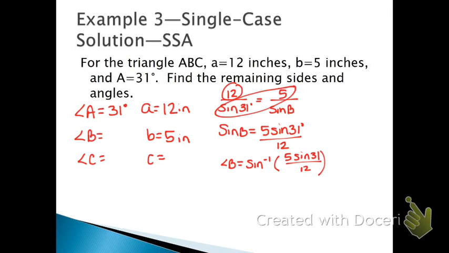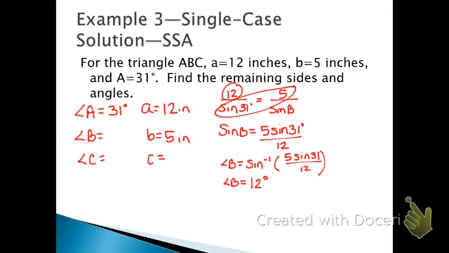So we can type that in our calculator. And it tells us that angle B is equal to 12.39. So rounded to the nearest whole number would be 12 degrees.